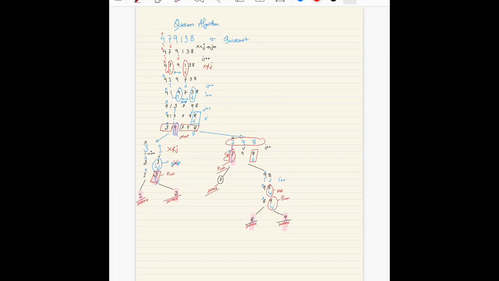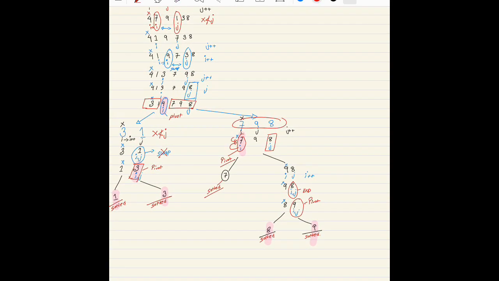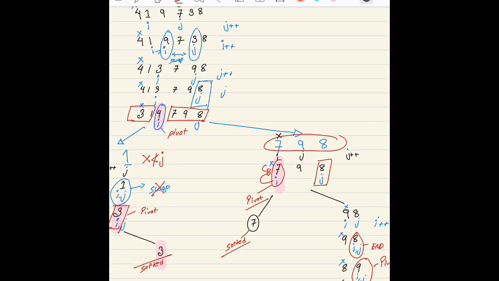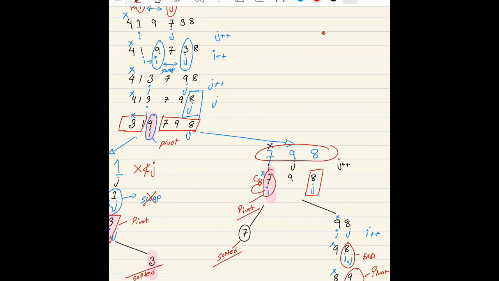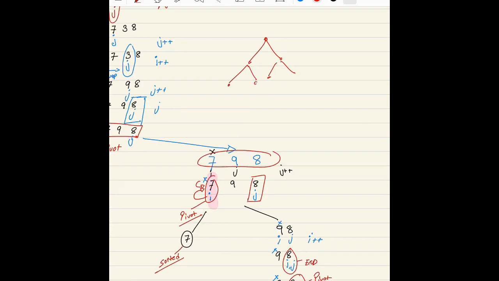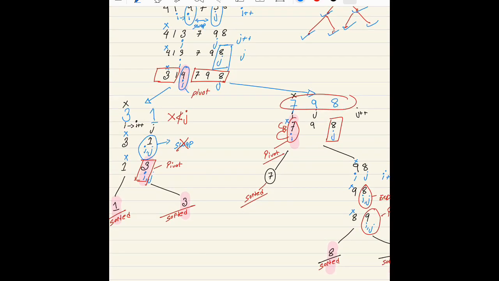So let's try to traverse the whole tree together. So if you remember the tree structure, how do we use to traverse values? So we put this value first, and this one, and this one, and we go back. This one, this one, this one, and this one. That's how we traverse this whole tree.